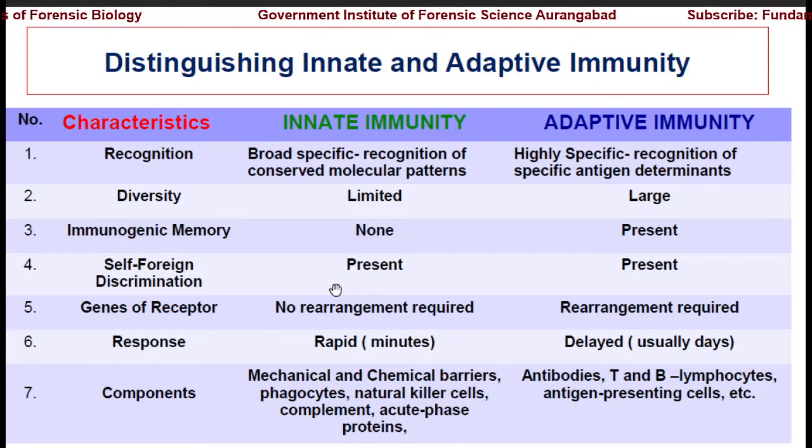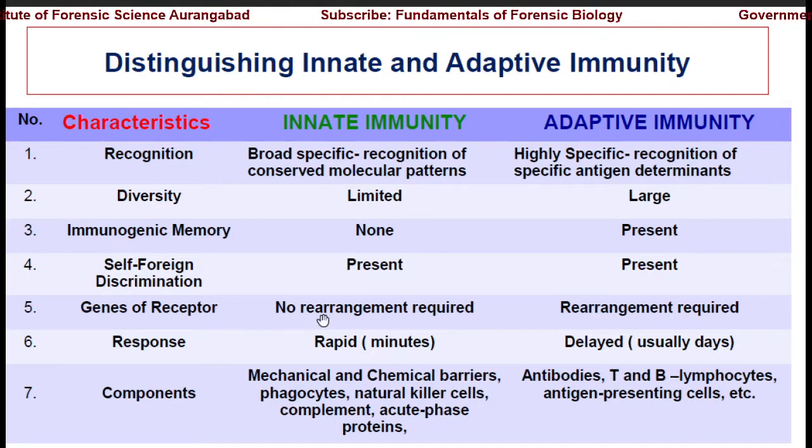Immunogenic memory: innate immunity does not have such memory, while adaptive immunity works on memory. Innate immunity does not have self-foreign discrimination, while adaptive immunity does recognize that. Genes of receptor: in innate immunity, no rearrangement is required, while in adaptive immunity, necessary rearrangement is carried out by the system.